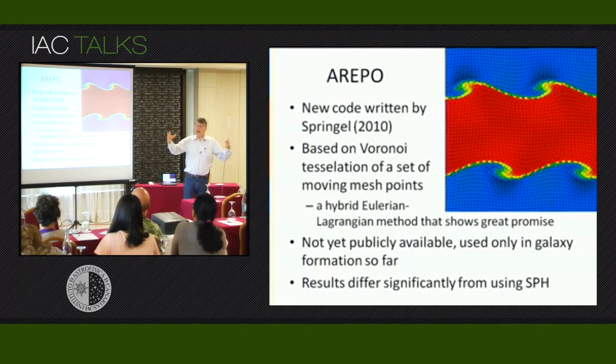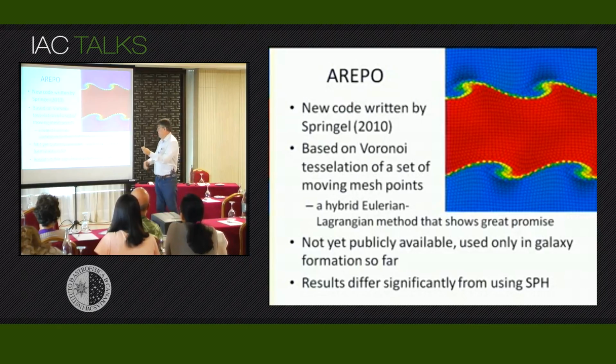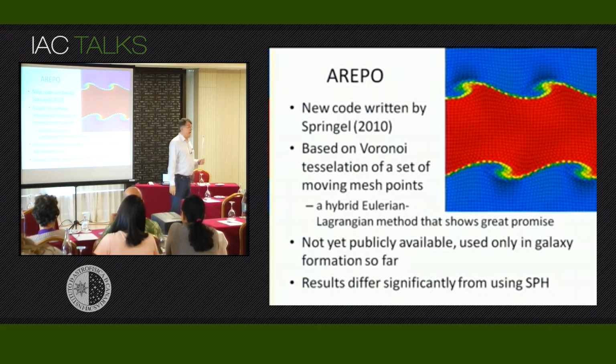But the results from galaxy formation simulations, which they have used it for, are very different from, or at least quite significantly different from those from SPH. And the 2 problems of numerical viscosity and Kelvin-Helmholtz instability really are driving why there is a difference between these 2 codes.